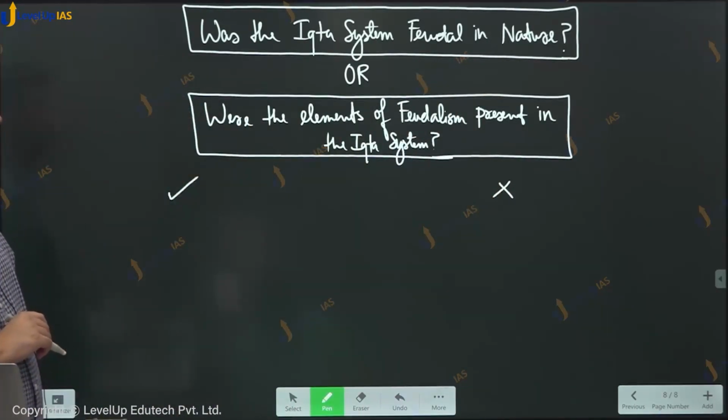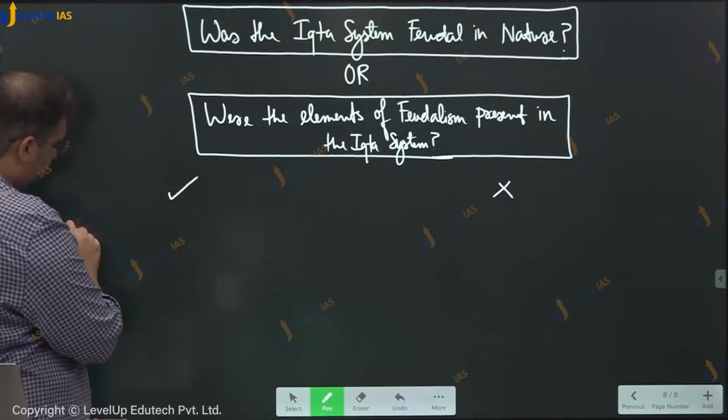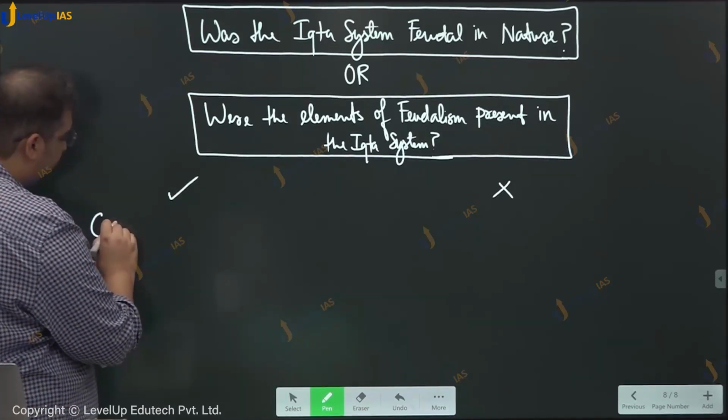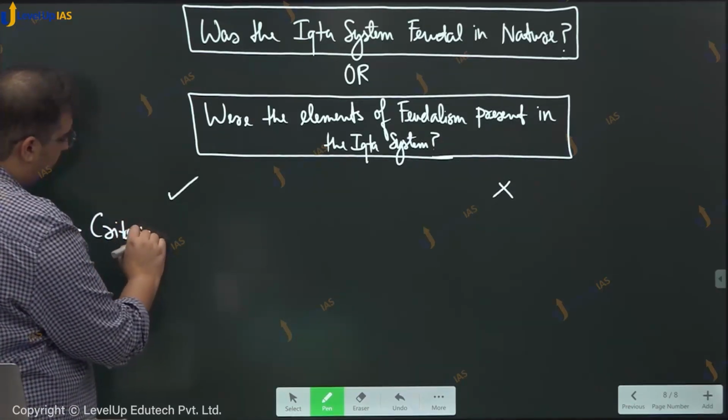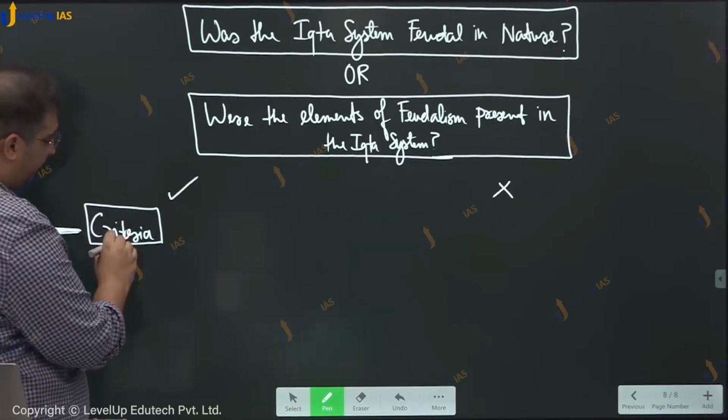Those historians who have supported the idea that the Iqta system was feudal in nature, उन्होंने क्या बोला है? That it fulfills a certain criteria. Now, for any administrative system to qualify as a feudal system, what are the criteria that should be fulfilled? क्या criteria fulfill होने चाहिए?